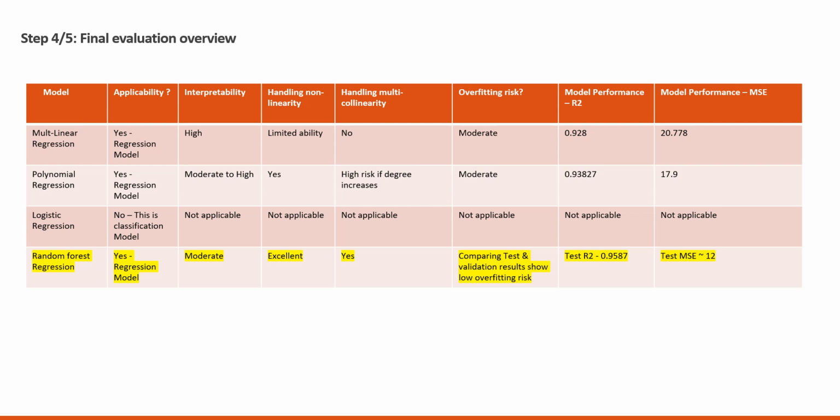So we are going to the final section of our analysis where we are summarizing all the models that we considered, the various model performance metrics that we have evaluated, and what are the key considerations we recorded in each of those model analyses. So multilinear regression is a good regression model, and it has high interpretability, but it doesn't handle the multicollinearity or linear non-linearity problems that well.